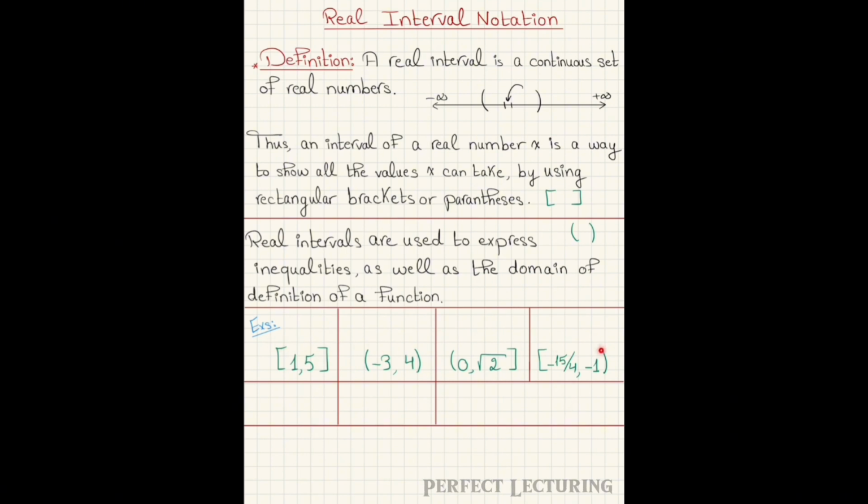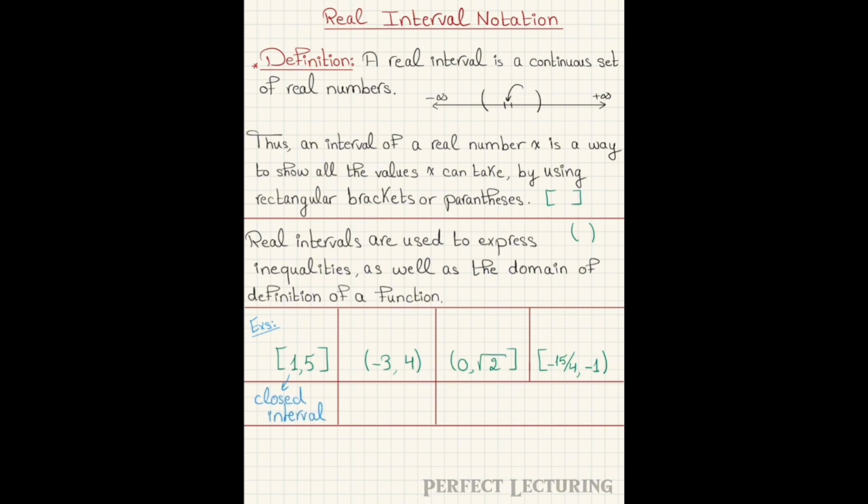These are examples of real intervals. So we might have rectangular brackets on both ends, or parentheses on both ends, or parentheses on one end, and rectangular brackets on the other end. And of course, each one of these has a different meaning. If we have rectangular brackets on both ends, we call the interval a closed interval.